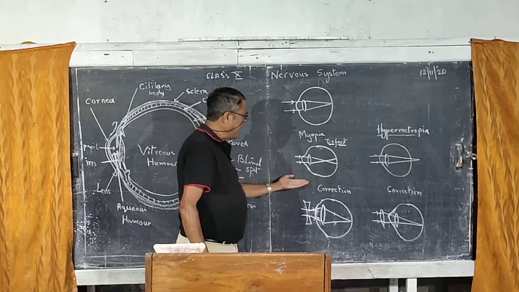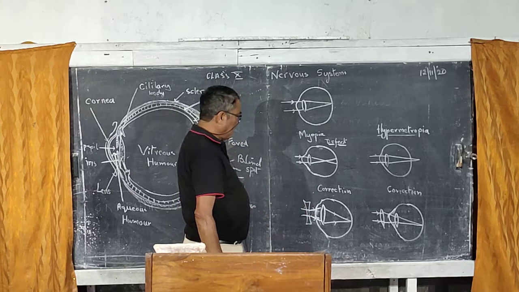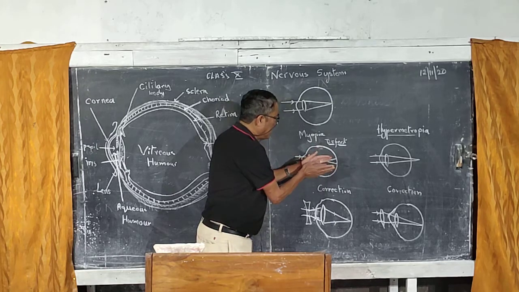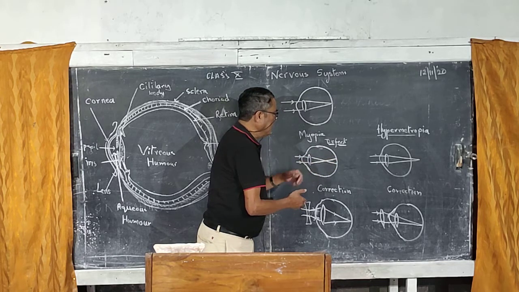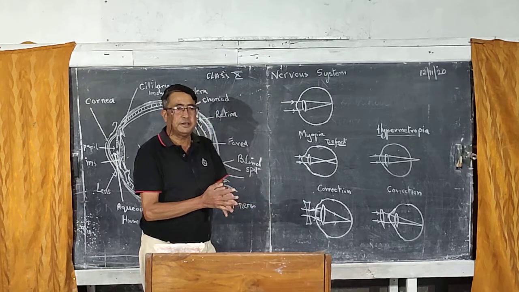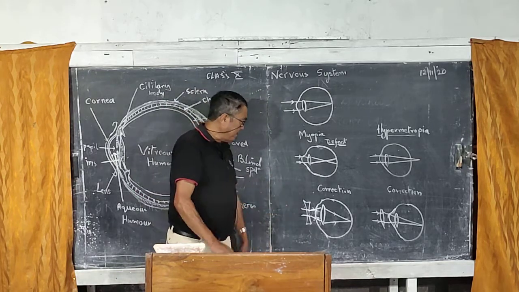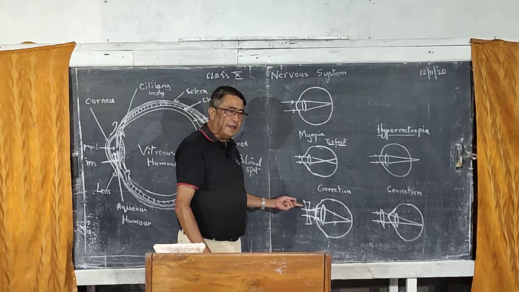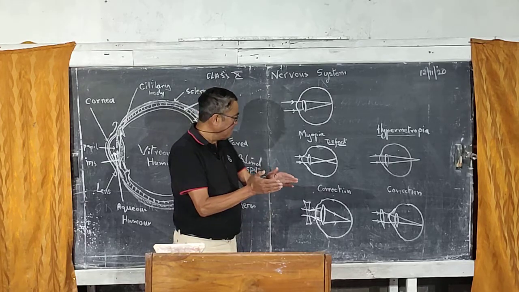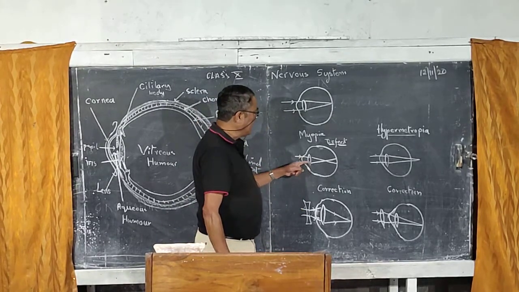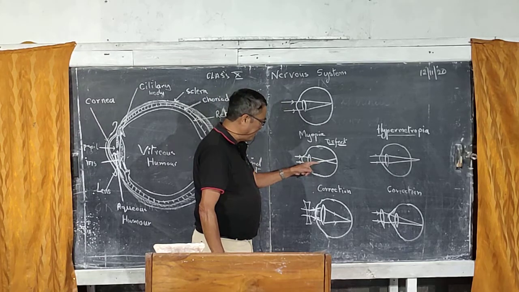Now how to correct the defects? These rays of light need a little diversion so that they can fall on the fovea. As you have learned in physics, there are two types of lens, convex and concave lens. A concave lens helps to diverge the light. So in this case, you require a little divergence of these rays.